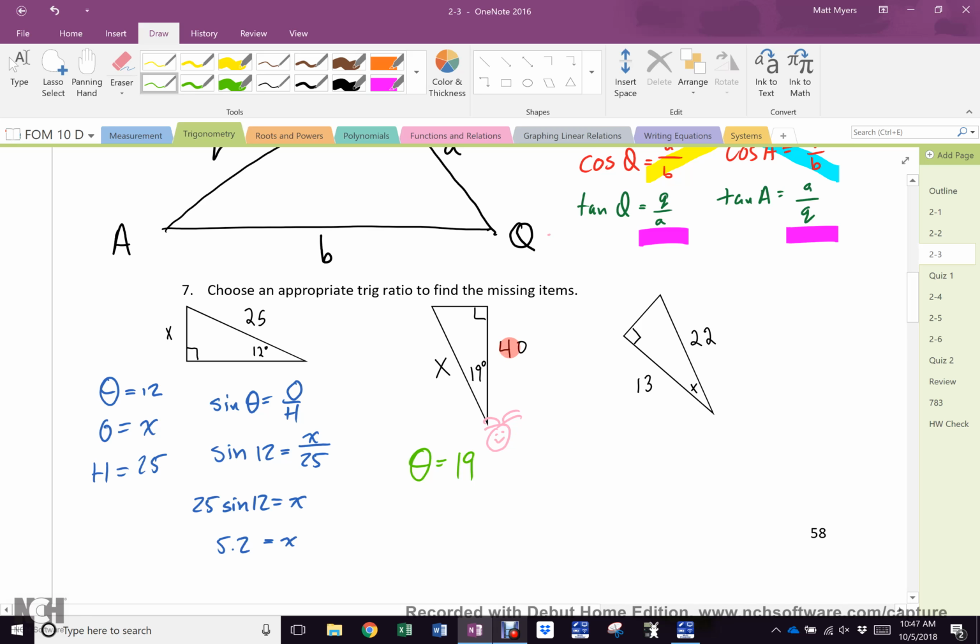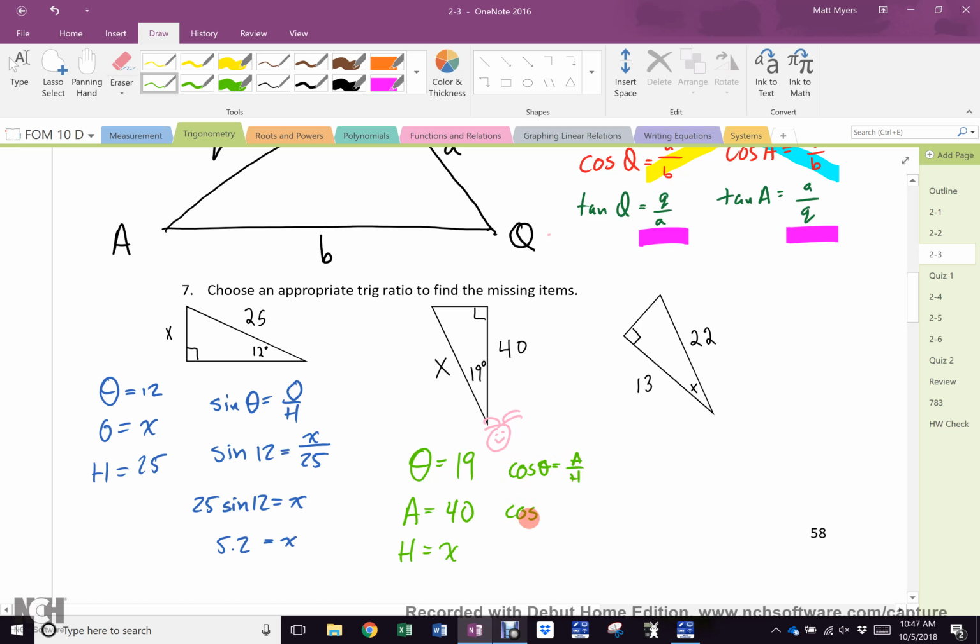What is that 40 compared to me? Adjacent is 40. What is the other side of which I am concerned? The hypotenuse, which is X. What uses A and H? Cosine. Cos theta is A over H.